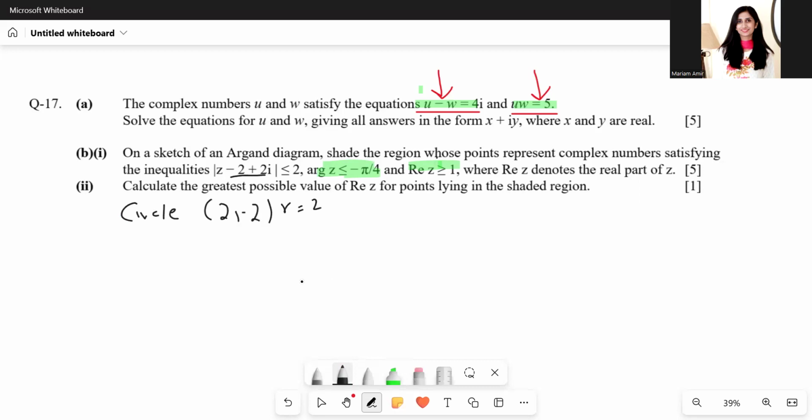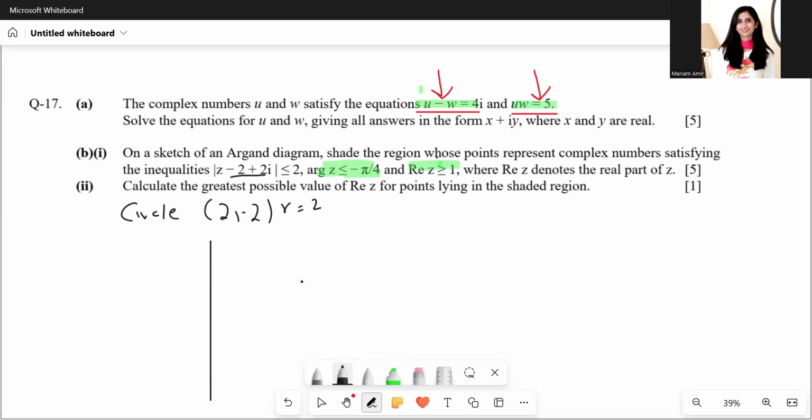Let's start with that. So we'll write Re(z) and Im(z), and we need 2 comma negative 2. The scaling should be approximately the same on the x and y axis. This would be 2 comma minus 2. Okay. And now we need to draw a circle around it with the radius of 2.